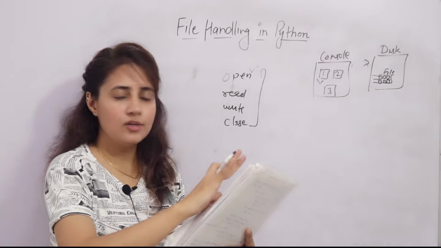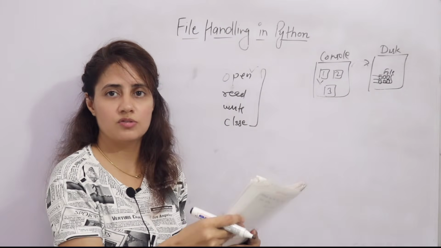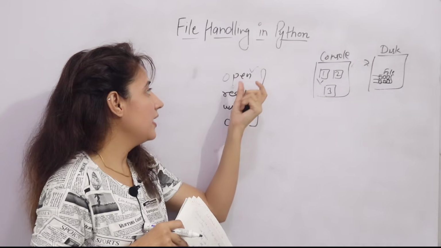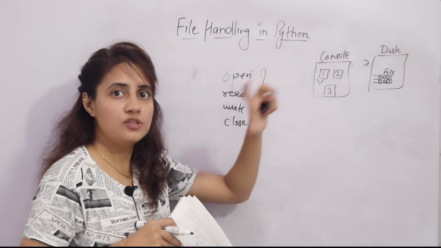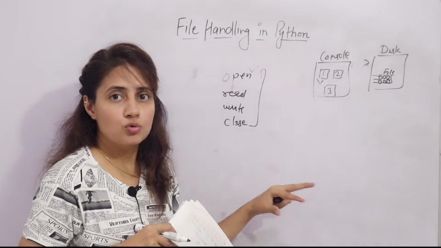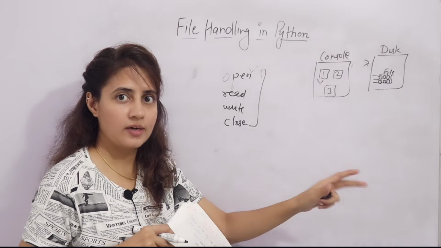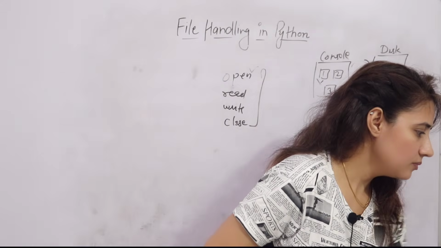And once the reading, writing or any operation I want to perform is done, then I'll close this file. This closing is also very important, because whenever you open the file and read and write, some memory is allocated to these file objects. So you have to close that file at last to free that memory, so that it can be used by some other process, right?